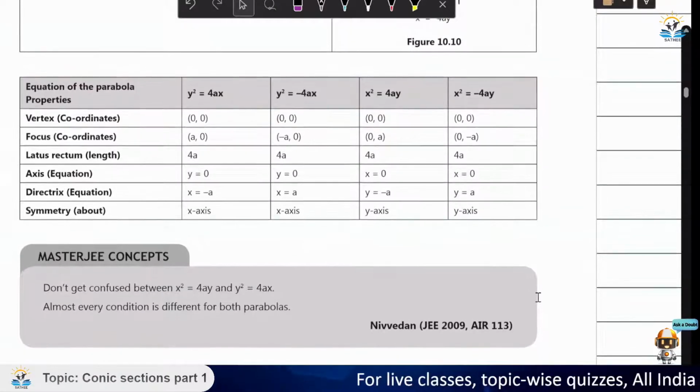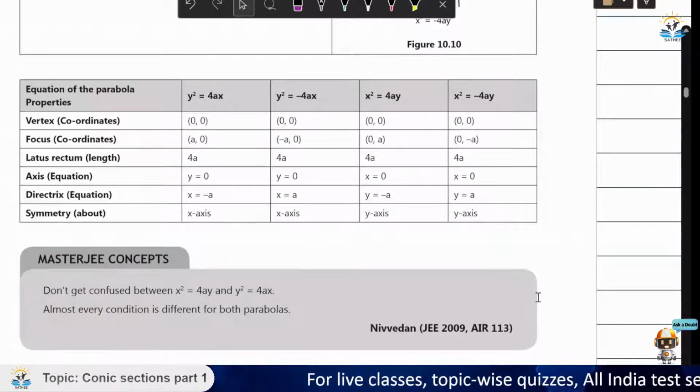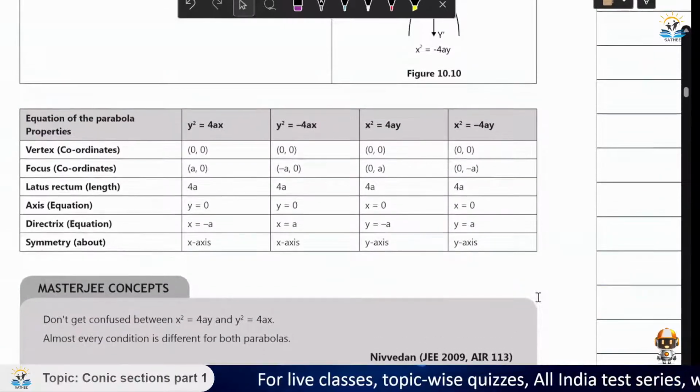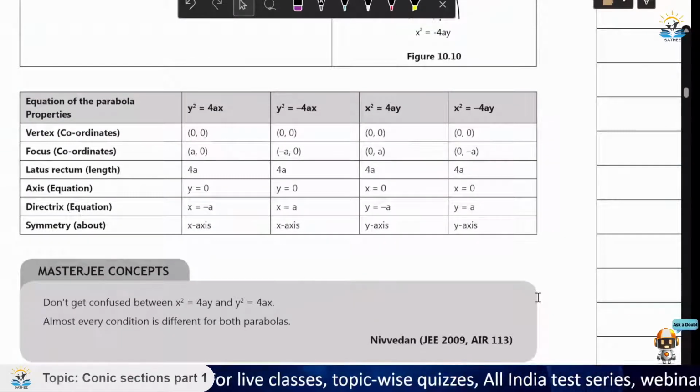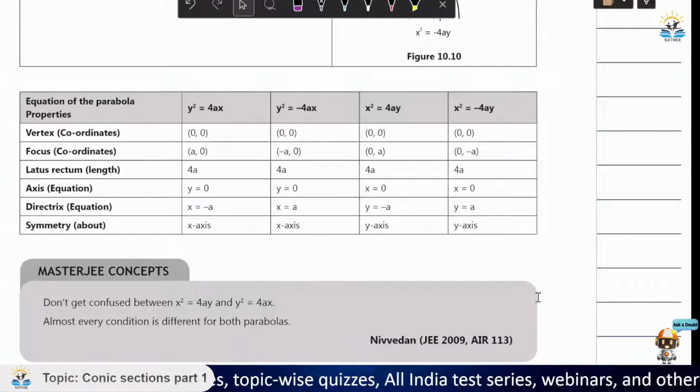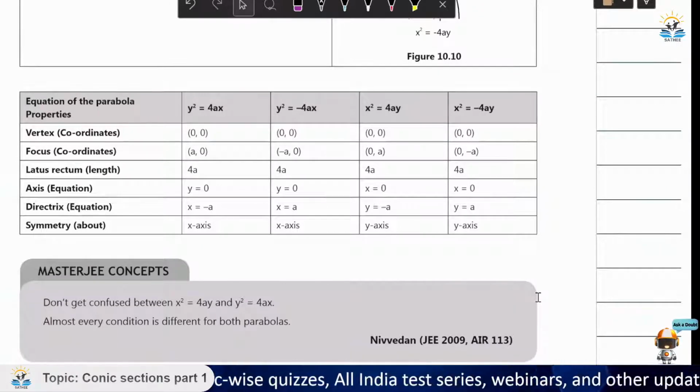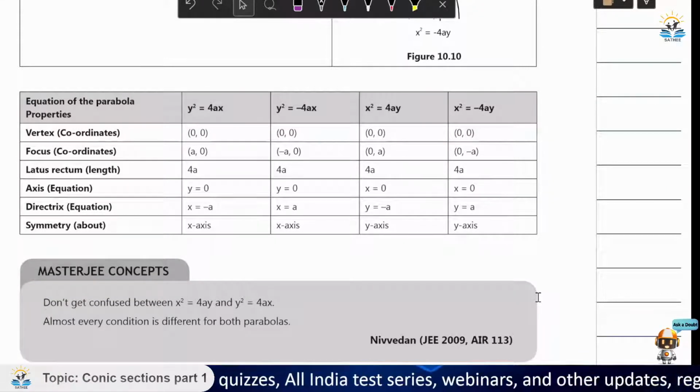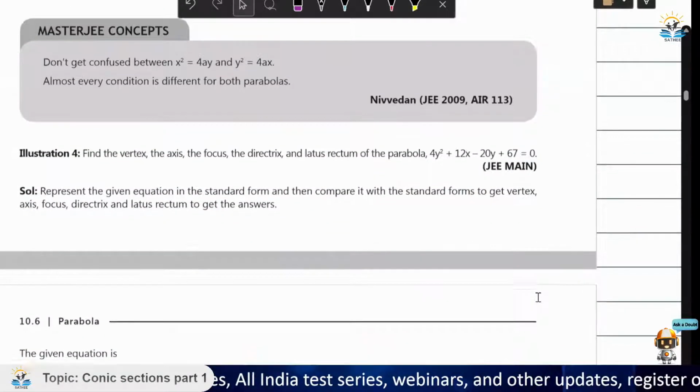So what we see here is that x and y are completely replacing each other, and here x and y are completely replacing each other, right? There is a transformation if you observe it clearly, but it is an easy transformation of x and y here.